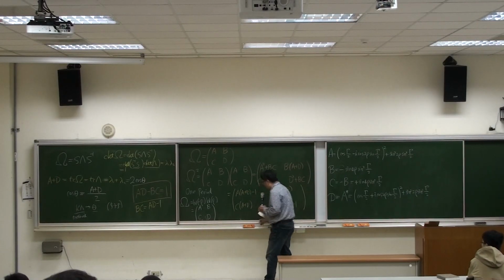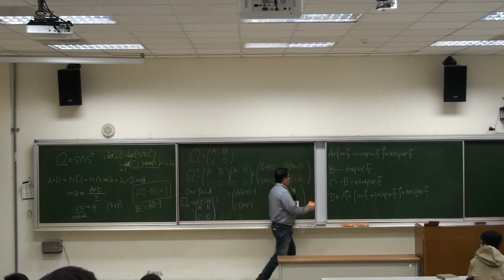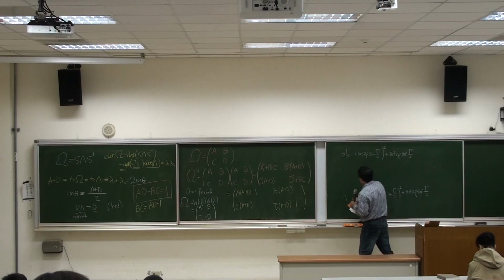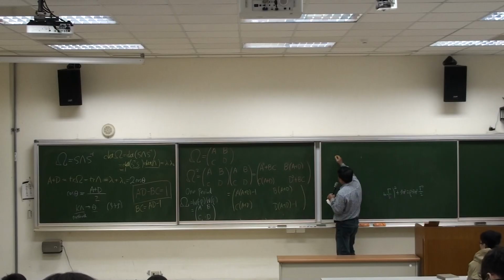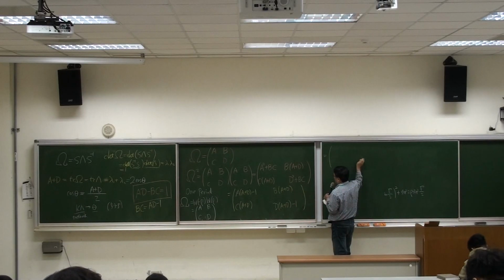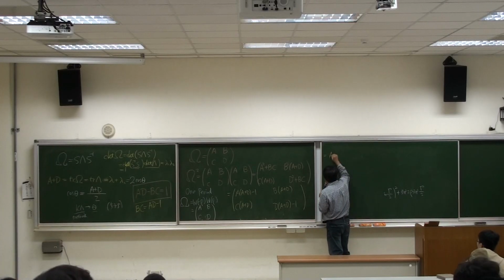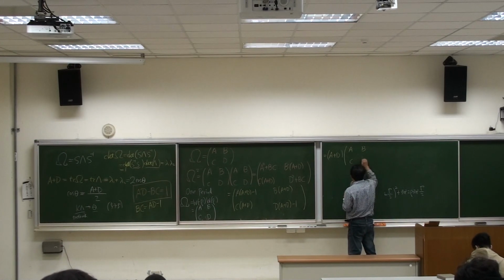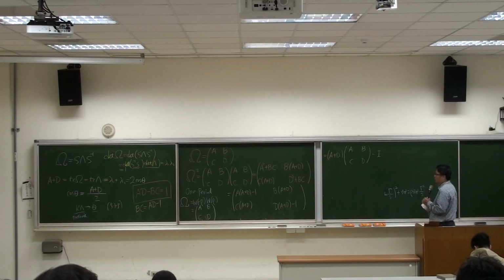I will first finish writing this square. And the result is equal to A plus D times A, B, C, D minus the unit matrix.